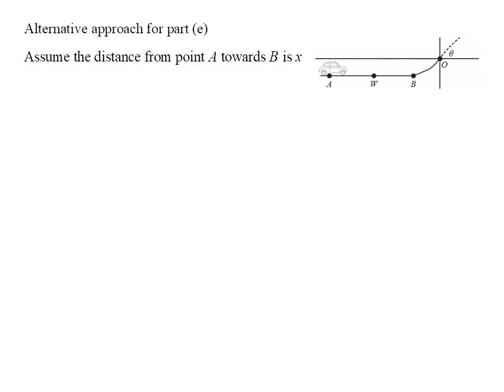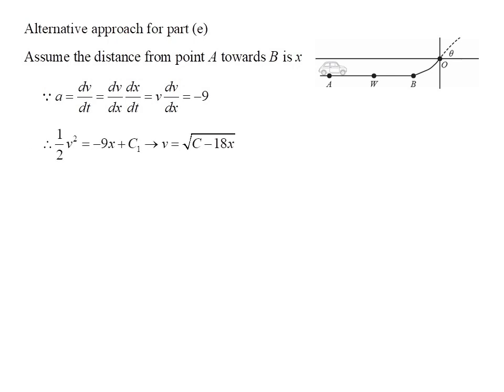Here we present an alternative approach for part E of this question. First, we assume the distance from point A towards B is x, as can be seen from the diagram. Since the acceleration a equals dv by dt, which equals dv by dx times dx by dt, which equals v times dv by dx, which equals negative 9.